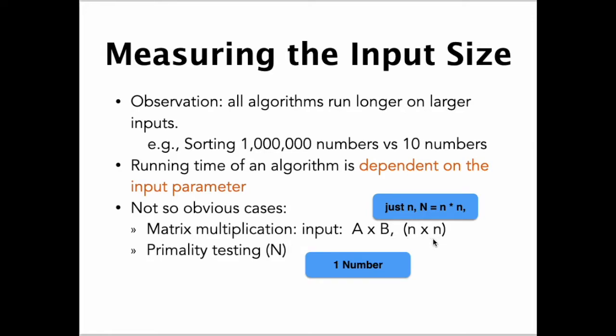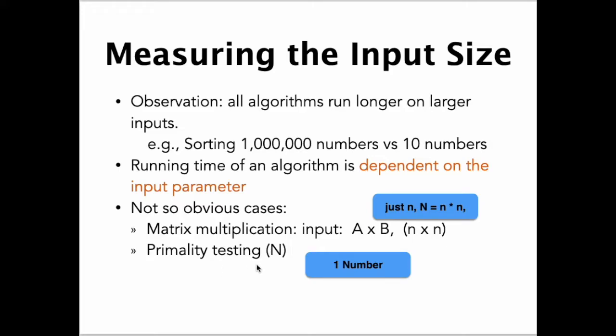N by n here is the total number of elements, that's n times n. Why not n? Because not all matrices are square matrices. So it is better if the total number of elements in the matrix is the input size for this problem.